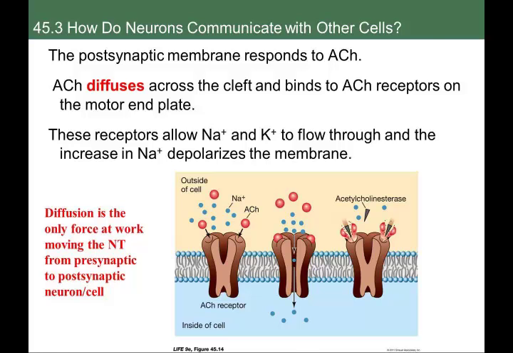So the diffusive gradient will almost instantly carry the acetylcholine from the presynaptic neuron across the synaptic cleft to the postsynaptic neuron. Okay, and this allows basically sodium and potassium to flow through, and in this case, what we have here is predominantly sodium. Okay, whoops, let me go back. Sodium will flow through this channel, and so the acetylcholine receptor is also the ion channel. This will be important in a second. Okay, and so the ion channel opens. In large part, sodium moves through, causing depolarization.